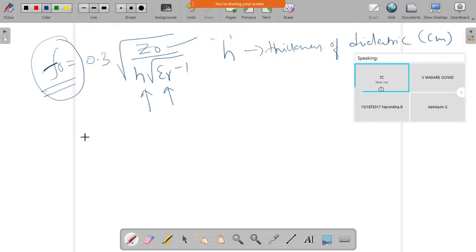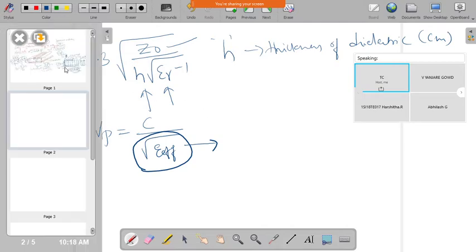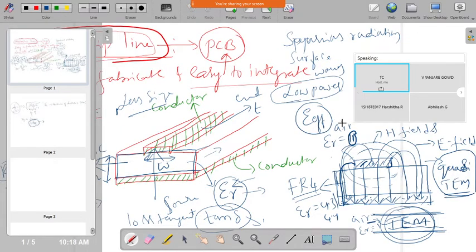Okay, so now the phase velocity, with which the wave propagation happens. The phase velocity of the wave can be defined as c by root of effective epsilon. This is important: that is the effective dielectric constant. We need to define it for this microstrip line because, as I said, the structure has both air, which has epsilon r equal to 1, and epsilon r equal to 4.3 for a particular dielectric.